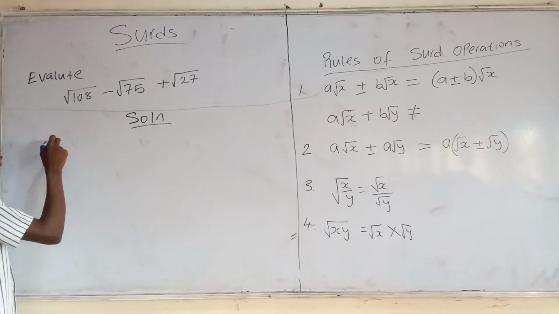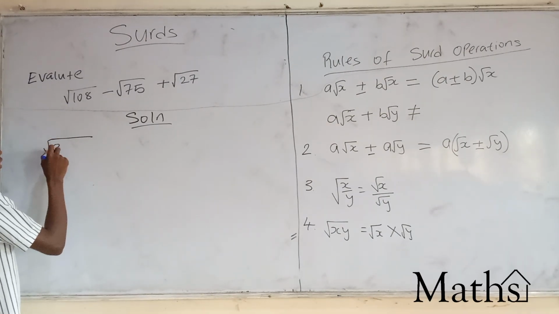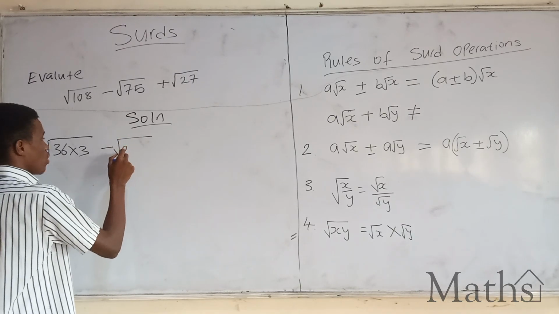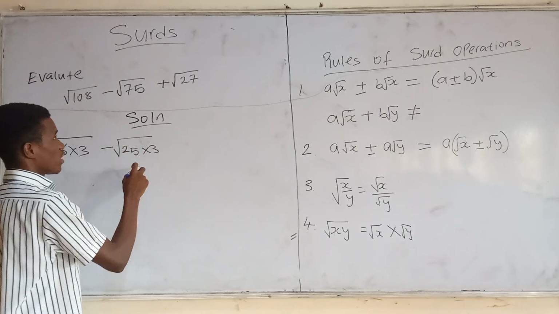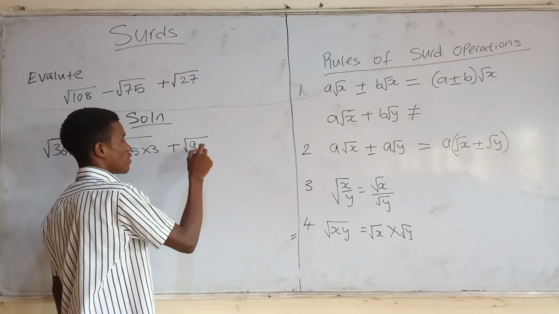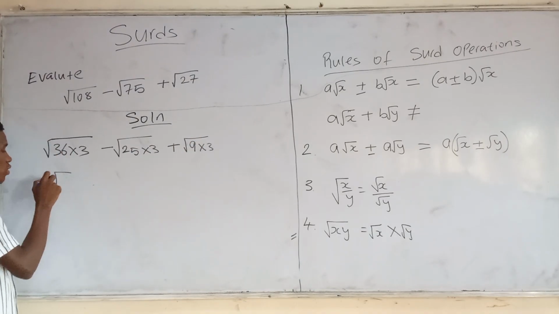So here was 108. 36 times 3 minus this one is what? 25 times 3 plus 9 times 3. So this one will give us what?